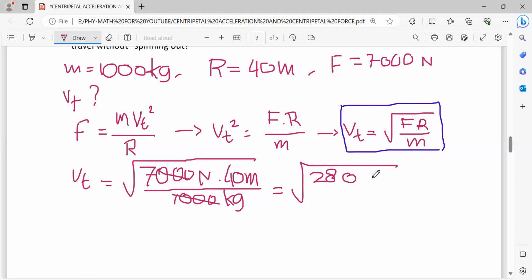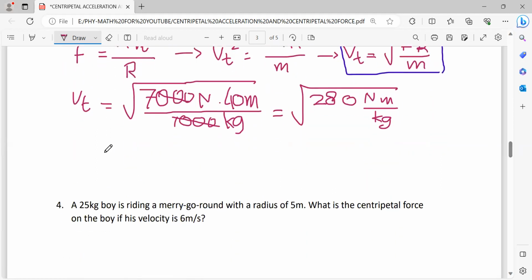And the unit is Newton meters per kg. Okay, so I will simplify this unit.